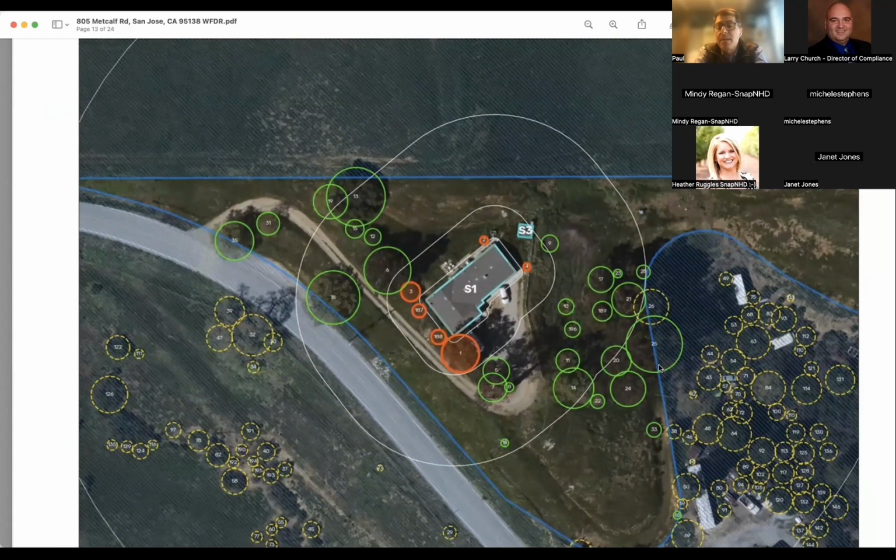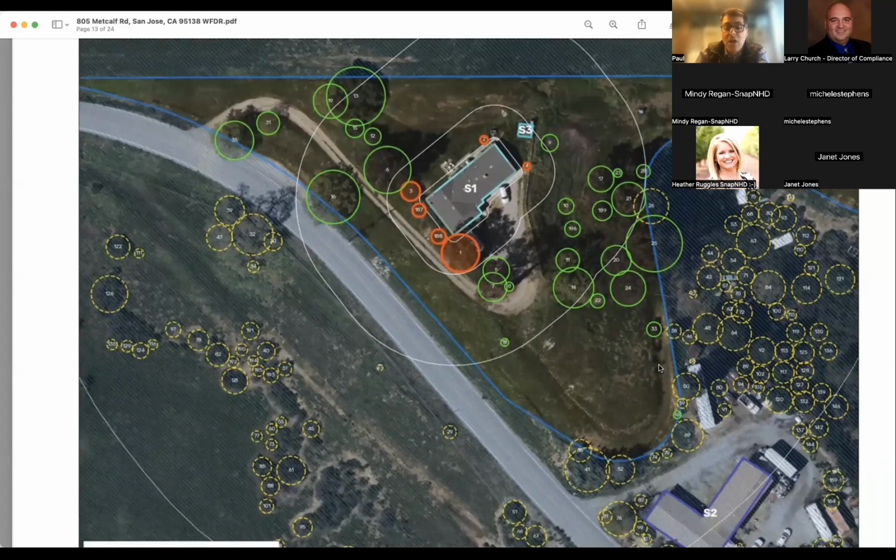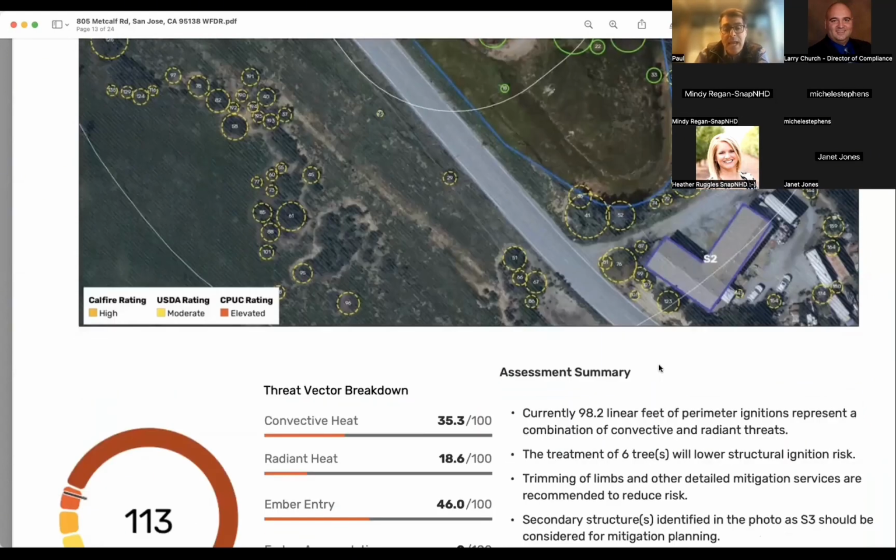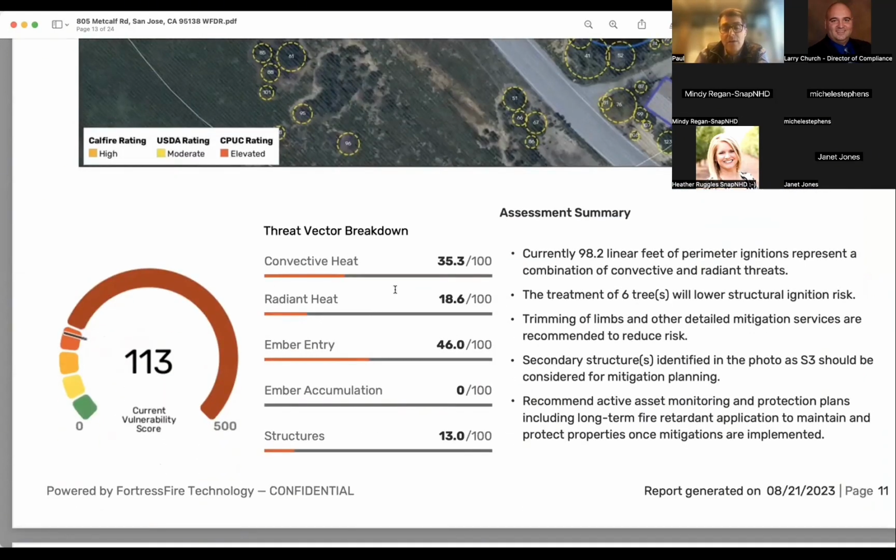So we create the maximum output of heat, both in the form of radiant heat and convective or flame touch, as well as embers. And we project embers flowing onto the roof and embers being cascaded onto the walls. And we calculate whether or not there is enough heat, given these fuel sources and given the materials of the structure as we know them, to cause ignition.